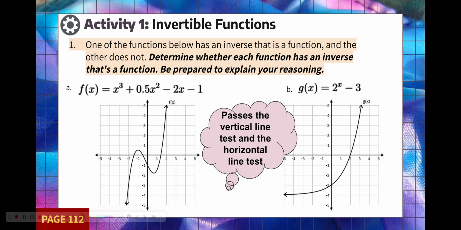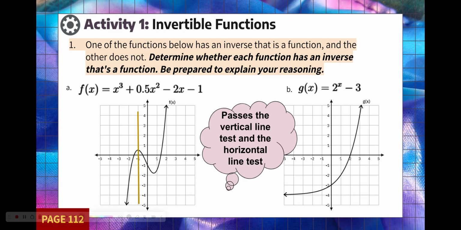So remember what we are looking for. One of the functions below has an inverse that is a function and the other does not. Inverse, meaning we need to take the inverse of this one first. Determine whether each function has an inverse that's a function, and be prepared to explain your reasoning. Take time to plug this in your Desmos. Again, the function x should serve as y.